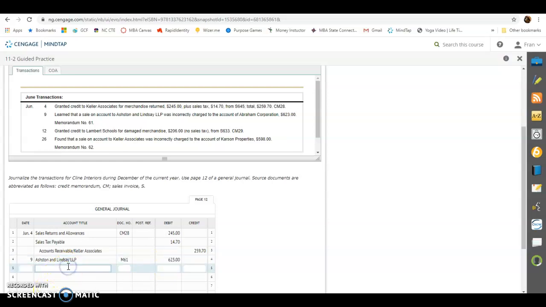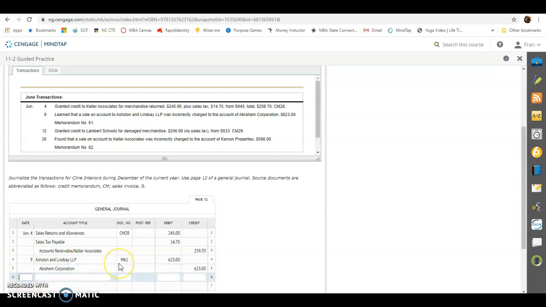And the credit is going to be to Abraham, because we have to get it out of them, because they didn't buy anything. So that's how that one goes.